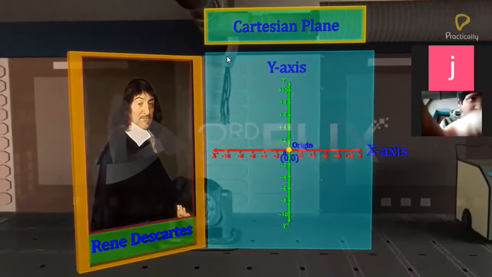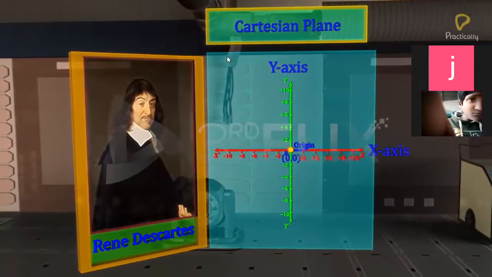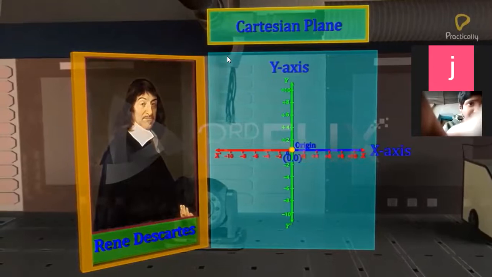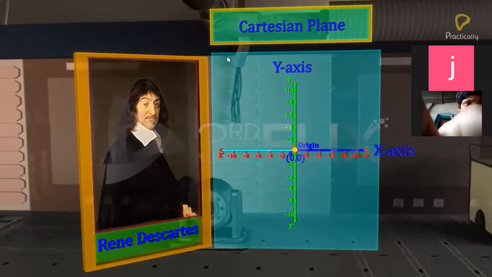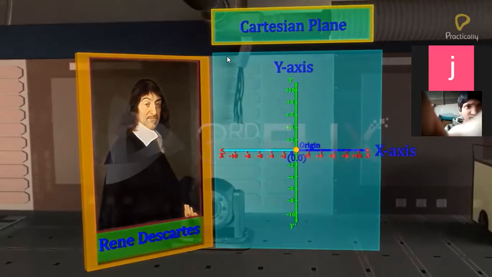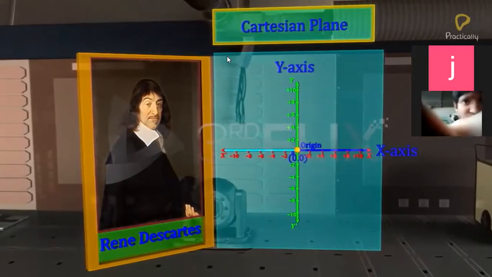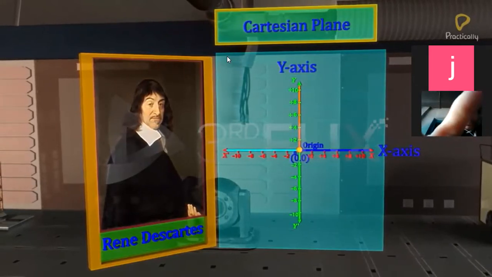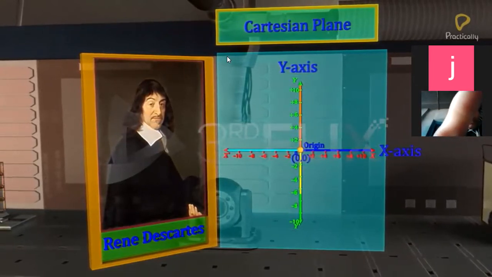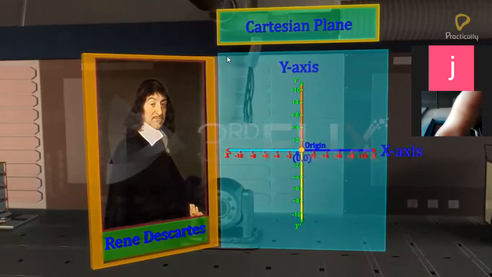The values on the right-hand side of the x-axis are positive and the values on the left-hand side of the x-axis are negative. Similarly, on the y-axis, the values located above the origin are positive and the values located below the origin are negative.